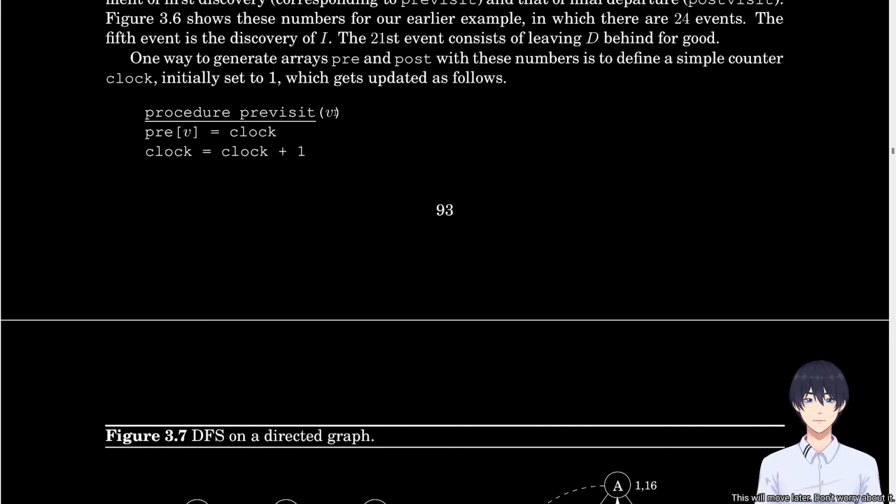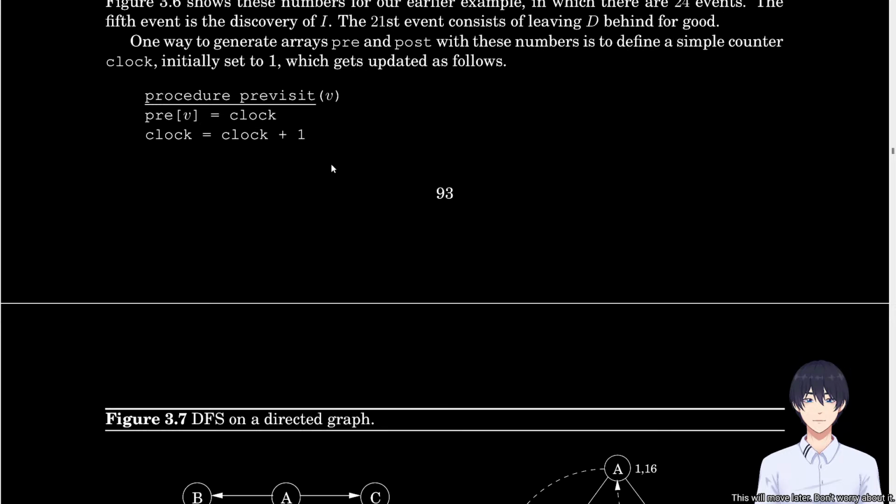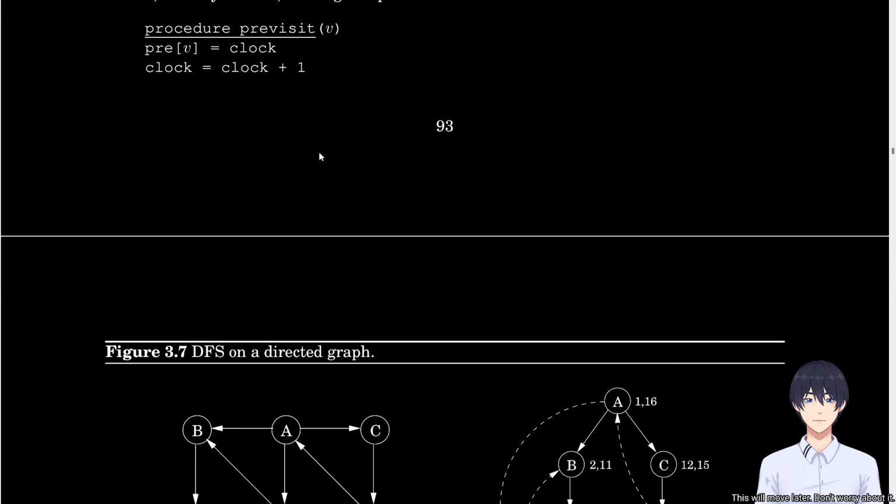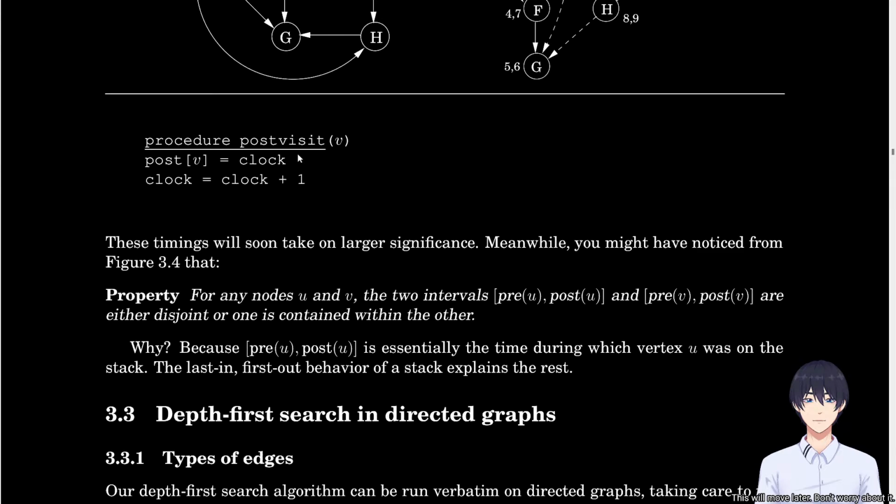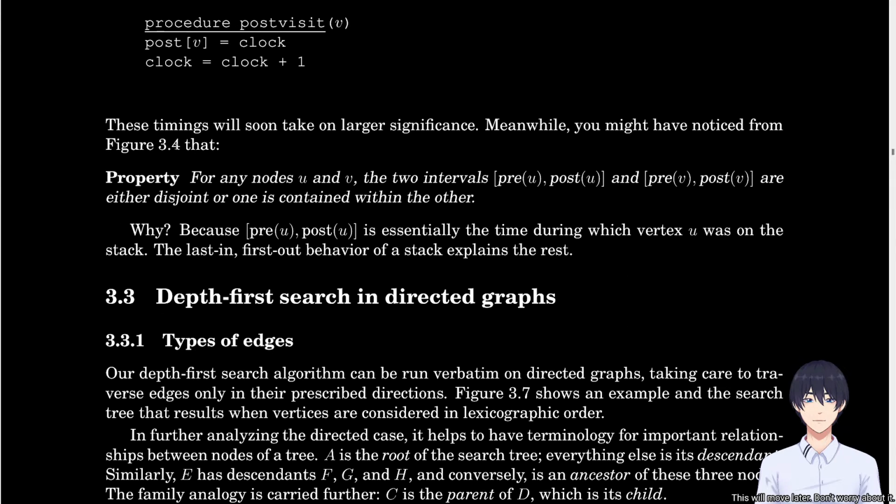Pre-visit v: you assign this counter to v, the corresponding index in pre, this array, and then you increment it. These timings will soon take on larger significance.